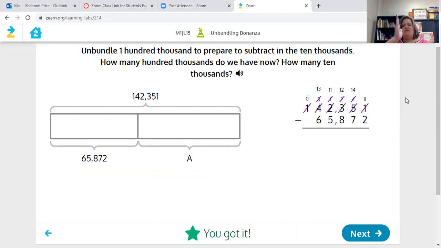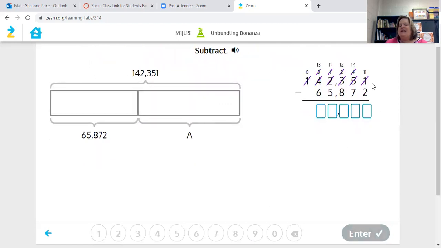So I have borrowed all the way across or unbundled until I got to a problem where I could subtract it. Now we can simply do a subtraction. 11 minus 2, 11, 10, 9.